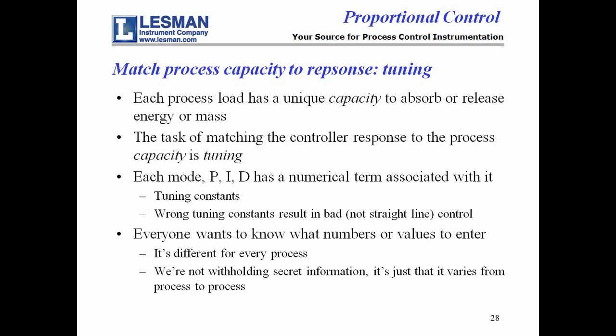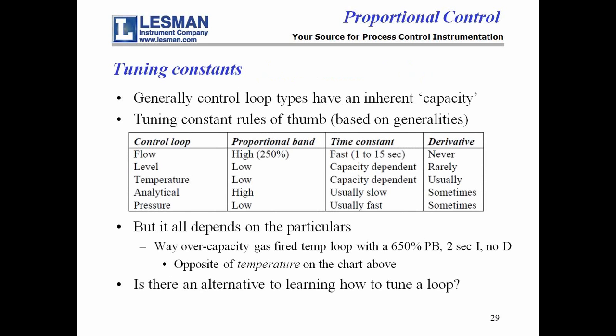Now, there are rules of thumb out there. Process control loops generally have a characteristic that describes their capacity, and the little chart there gives those. The problem is, and I ran into this the very first time I ever tuned a control loop, that it was a way over capacity gas-fired burner, and I ended up with a 650% proportional band, 2 seconds of reset, and no derivative, which is exactly the opposite of what temperature is on the chart there.